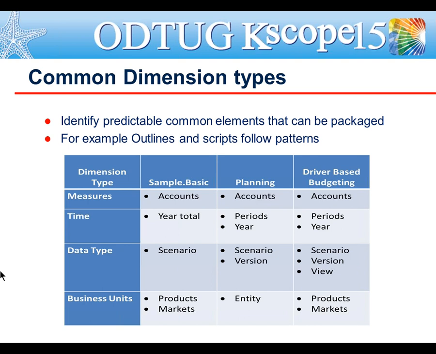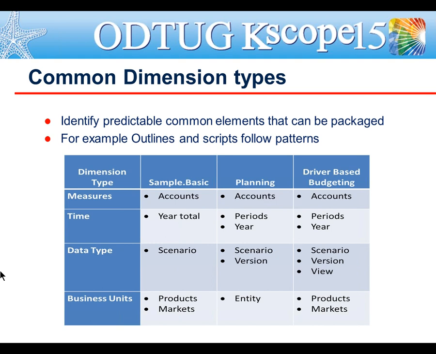You're all familiar with the accounts dimension property and the time dimension property. This idea is just an extension of that. So starting very simple with Sample Basic, we have an account dimension, we have a time dimension. In this case, our time dimension is called Year Total.